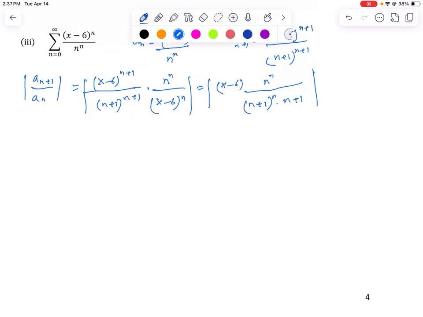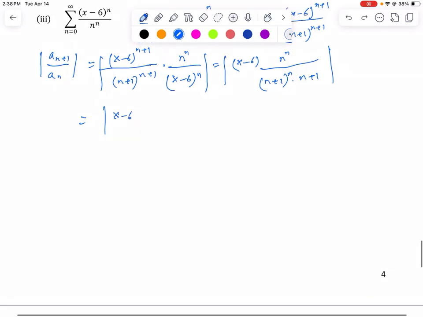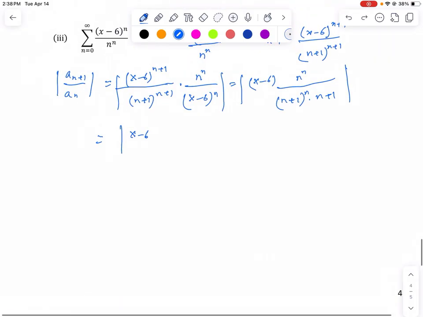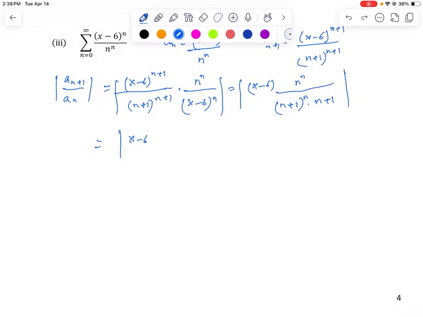So it can be written as absolute value of x minus 6 over n plus 1 times, now I have the n to the n over n plus 1 to the n, so I can write it as n over n plus 1 whole raised to n. Again, because of the exponent rules.